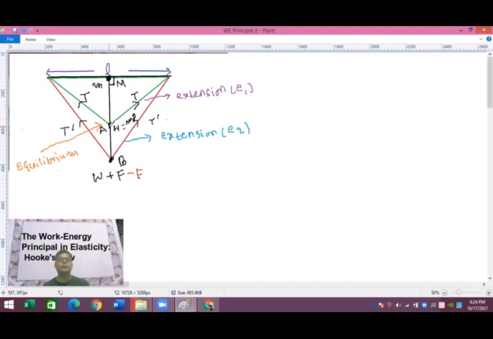string further from this equilibrium position to position B, and in that case we'll check what would be the total energy at each point.